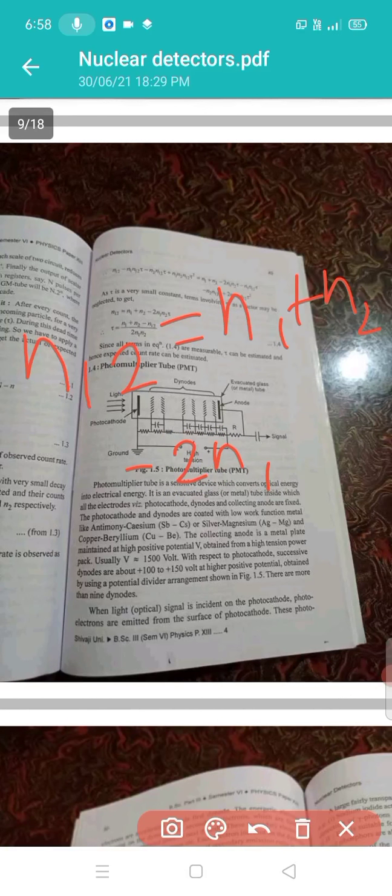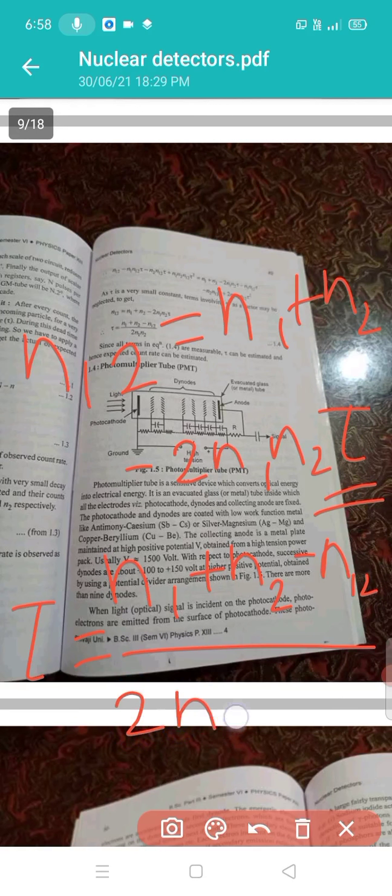Hence, neglecting tau square, the remaining terms are: n12 equals n1 plus n2 minus twice n1 n2 tau. Then rearranging for tau we can write tau equals n1 plus n2 minus n12 divided by twice n1 n2. This is the dead time of the GM tube.